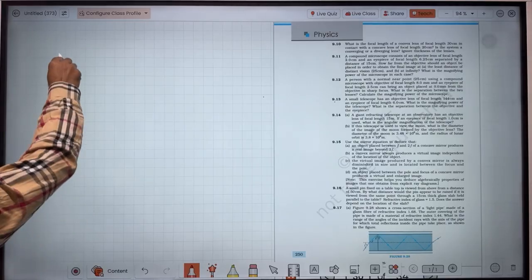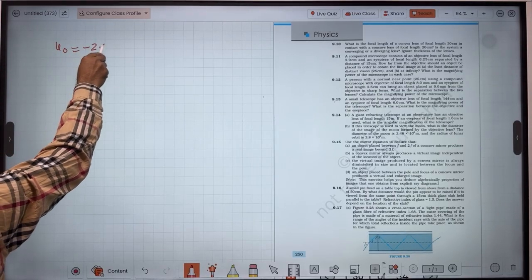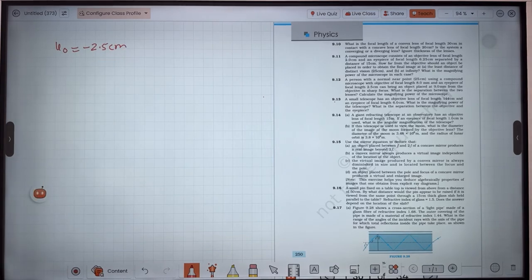So we have got UO, that is minus 2.5 centimeter, right, and then we have to find out the magnifying power.